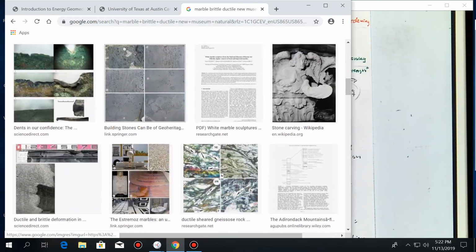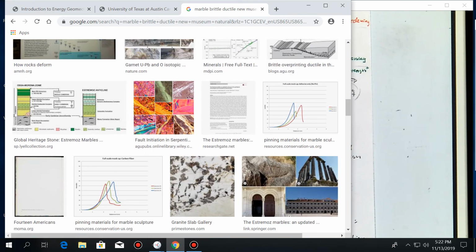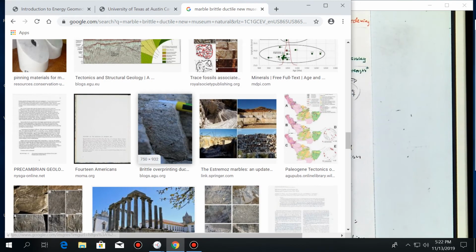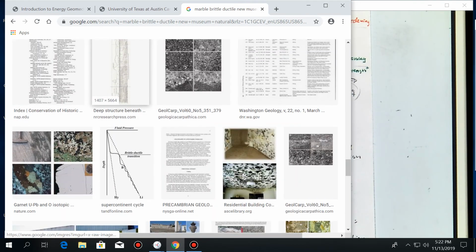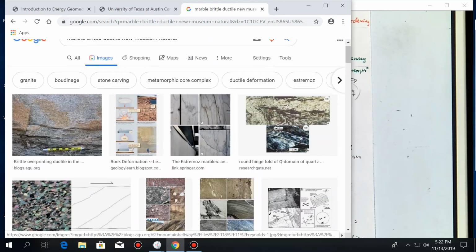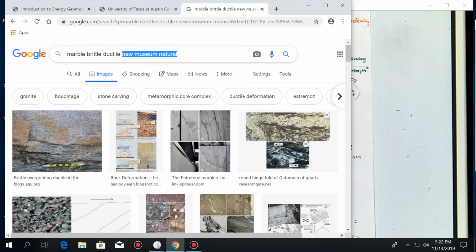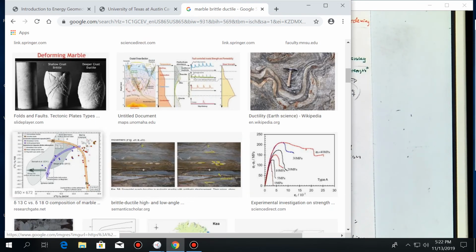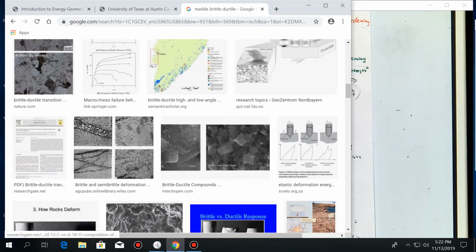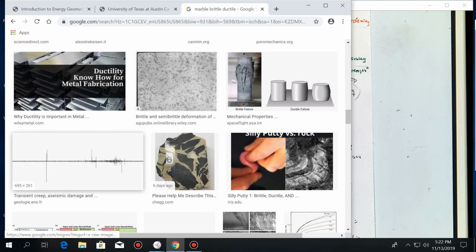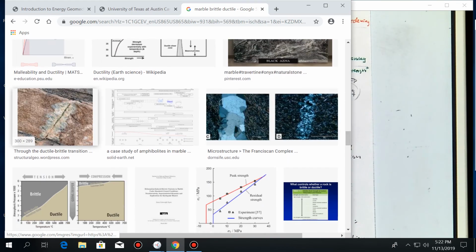It's a great picture, but okay, well, this is similar to what I wanted to show, but the other one is a lot better.